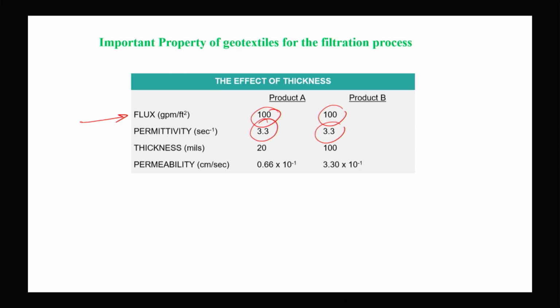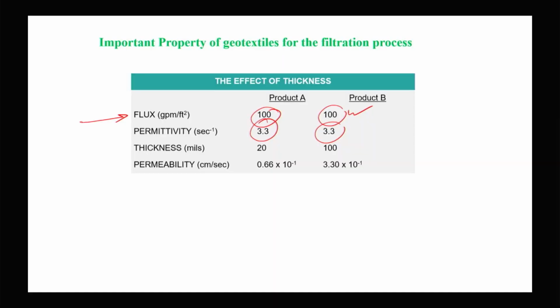So using this permittivity value, the designer can predict the flux. Flux is important for actual application of geotextile, because it shows how much water is moving through. So if we can provide permittivity, then we can compare these two products A and B, because they are equal, they are at par. But these two products are of different thicknesses. One is 20, another is 100 mils.